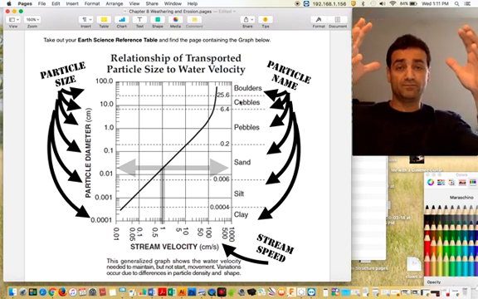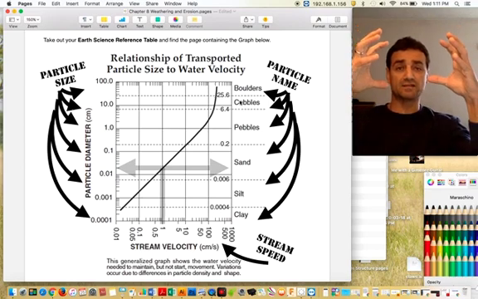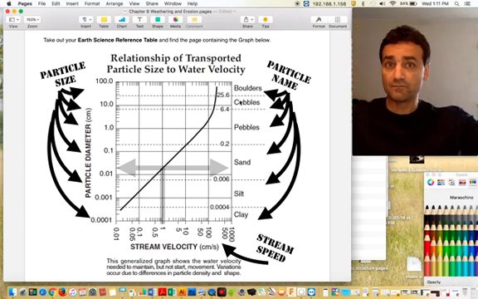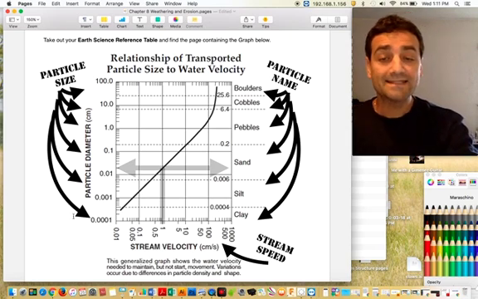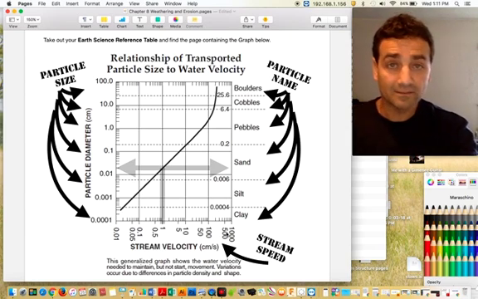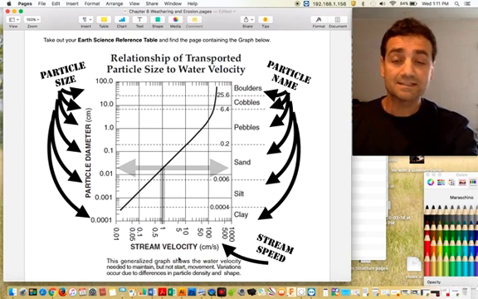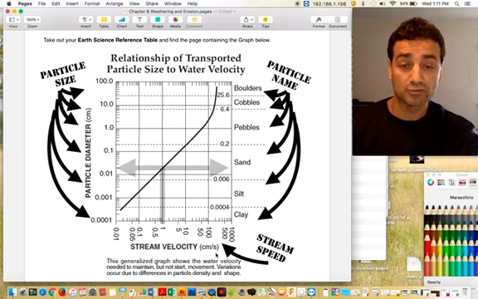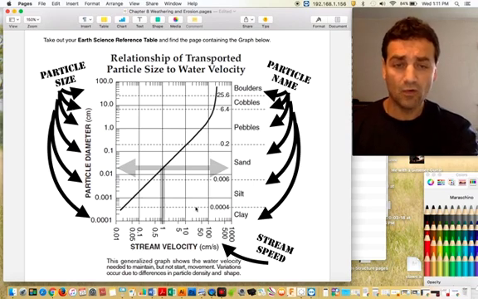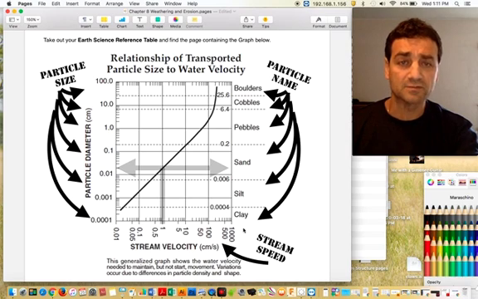Boulders are big rocks that can range from something like this big all the way up to the size of a car. Really, really big rocks. Down at the bottom here, this tells us how fast the stream is going. Okay, 0.01 centimeters per second, that is the slowest, all the way up to 1,000 centimeters per second.